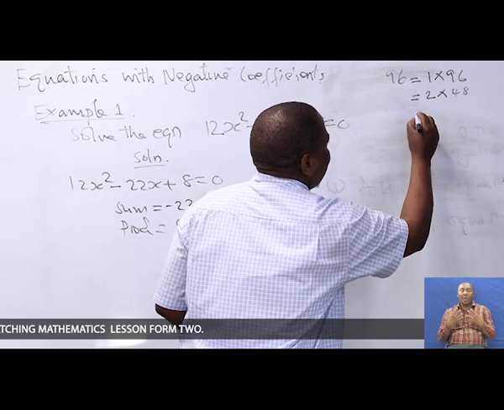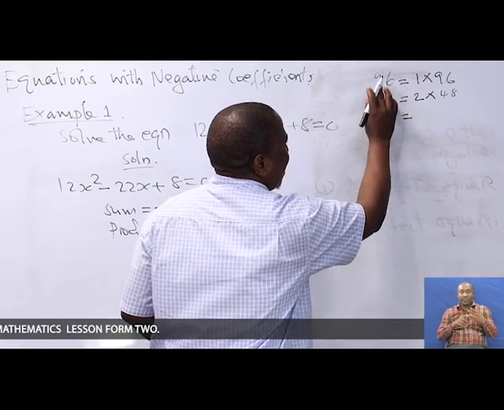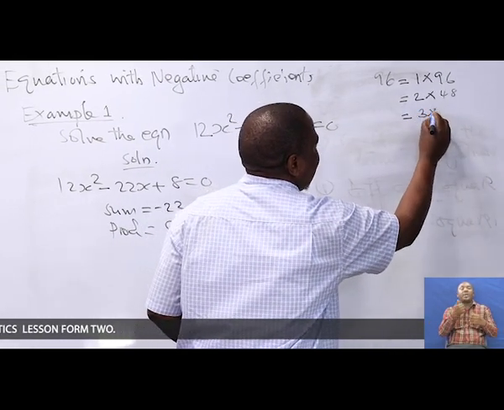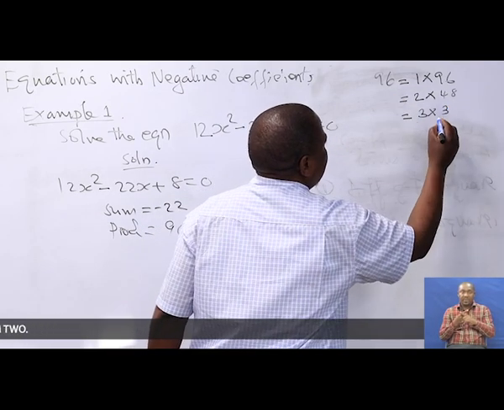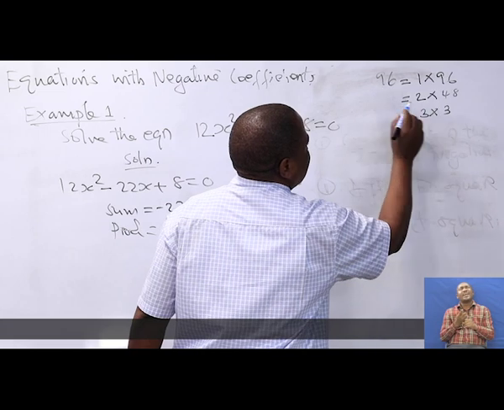Is 96 divisible by 3? Yes, it means 96 can be written as 3 times 32.